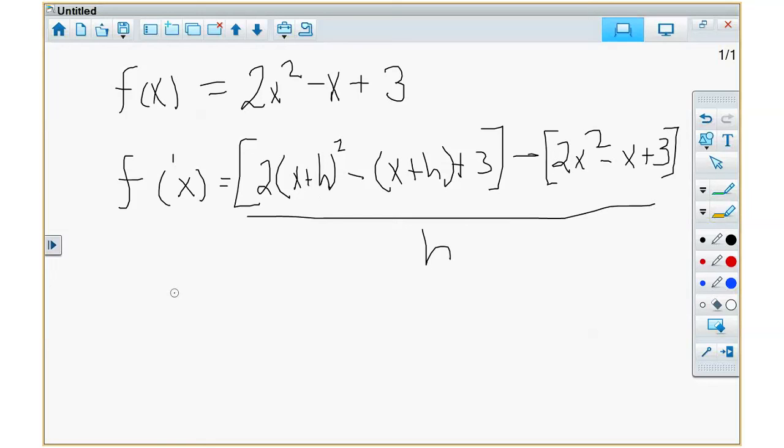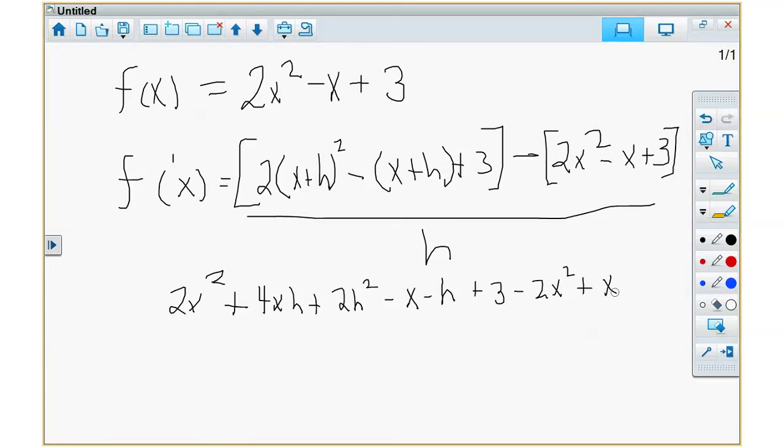And that's going to be 2x squared plus 4xh plus 2h squared minus x minus h plus 3 minus 2x squared plus x minus 3, all over h.